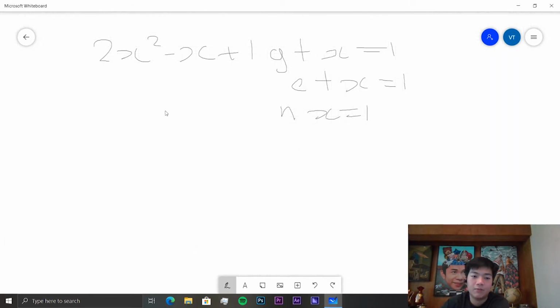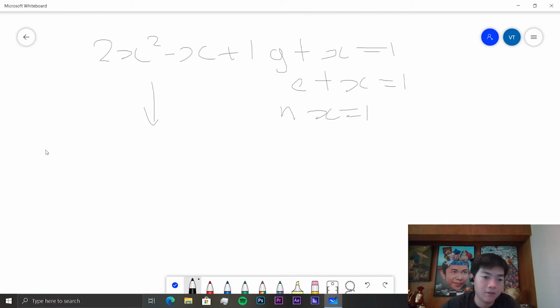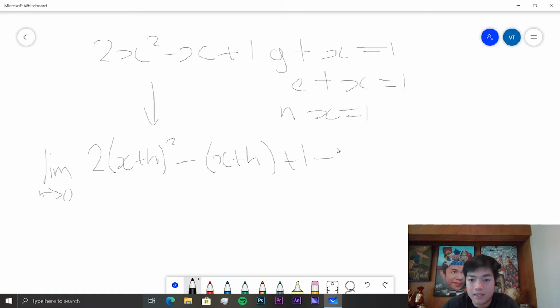So to find this, we first need to differentiate this. So by first principles, limit as h tends to 0 of 2 times x plus h squared minus x plus h plus 1 minus 2x squared plus x minus 1 all over h.